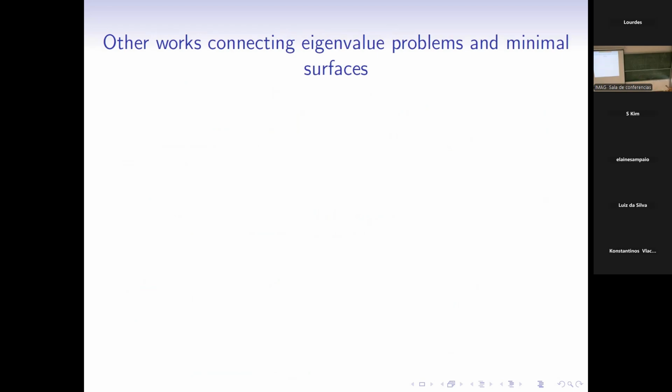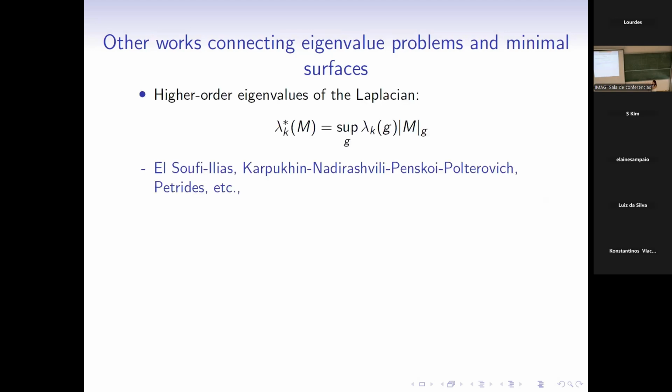Okay. So before I give the general idea, let me just mention a few words that they also have this connection between minimal surfaces and eigenvalue problems. There is a whole literature on that, so I am just going to mention a few. Let me put our functional here.